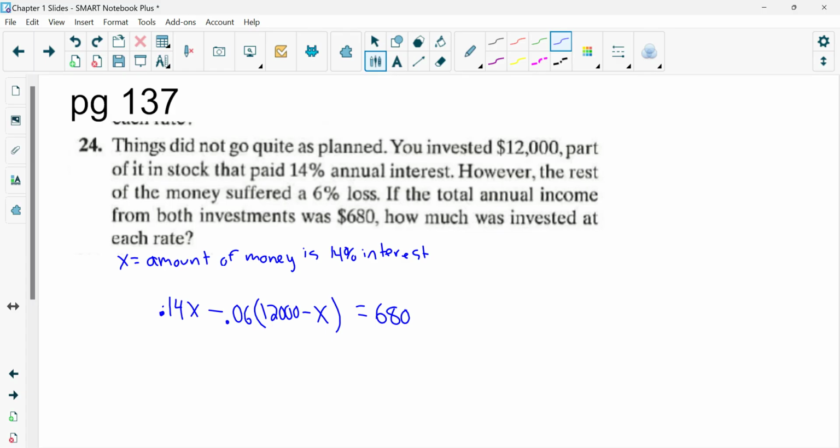All right, so now we are distributing and just solving for x. So 0.06 times 12,000. If you don't have a calculator out yet, you should probably have one out.